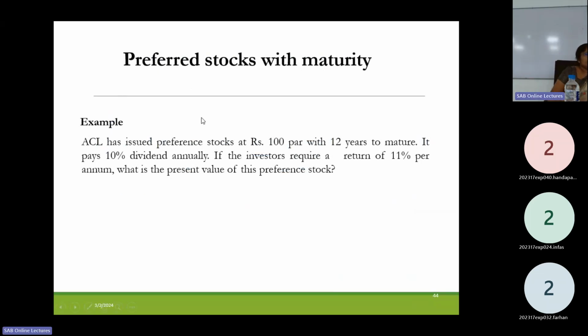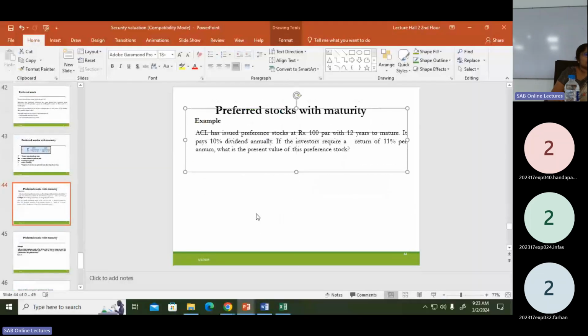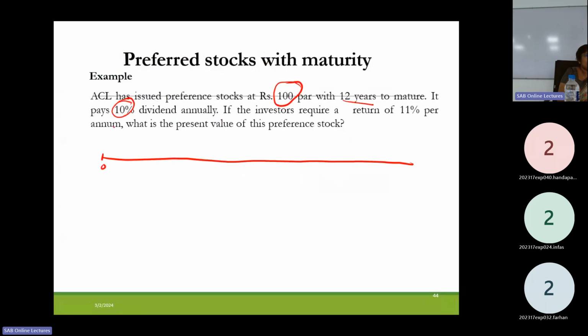Again, you can draw the timeline here also. If you draw a timeline, the face value is 100, the annual dividend is 10 rupees, and there are 12 years to maturity.